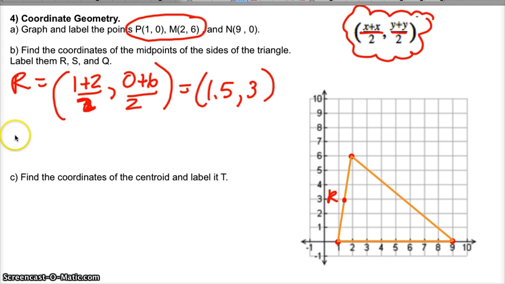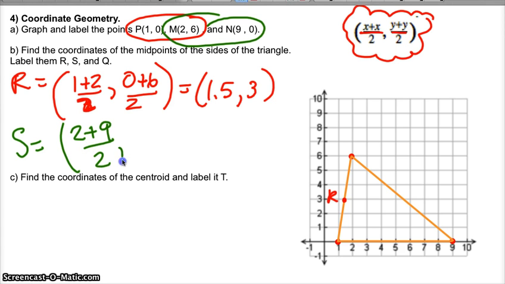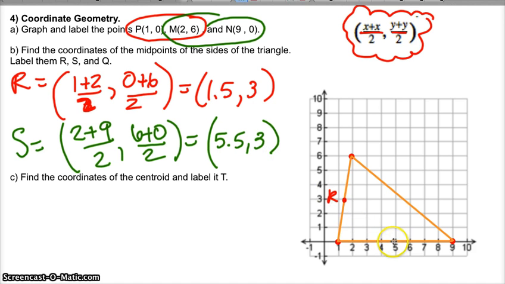All right, I'm going to call my next calculation S, and I'm going to let it be these two here. So if I do 2 plus 9 divided by 2, 6 plus 0 divided by 2, I'm going to end up with 5.5 and 3.